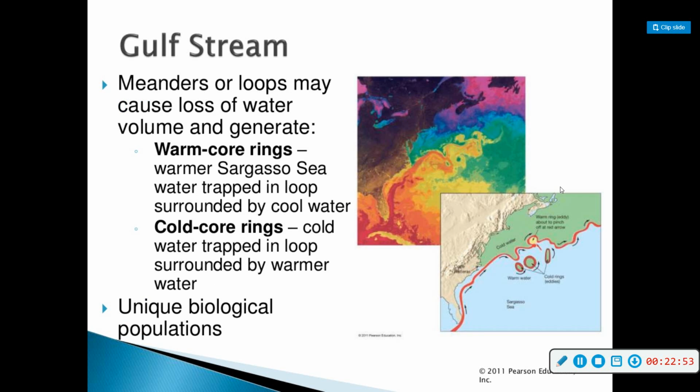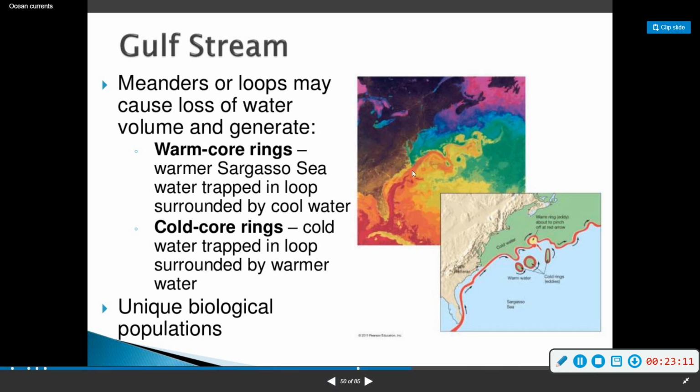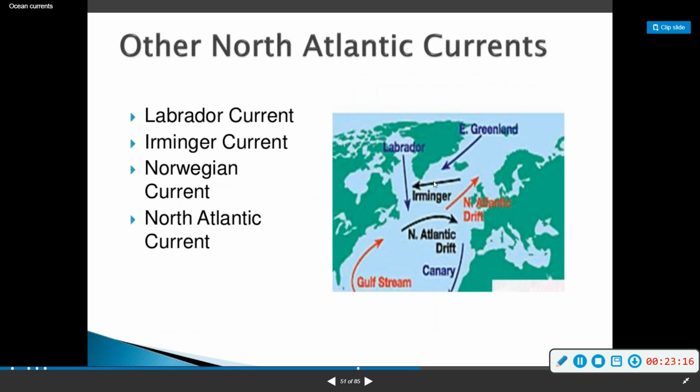It may cause loss of water volume and generate warm core rings: warmer Sargasso seawater trapped in loops surrounded by cool water. Cold core rings are cold water trapped in loops surrounded by warm water. Their unique biological populations.